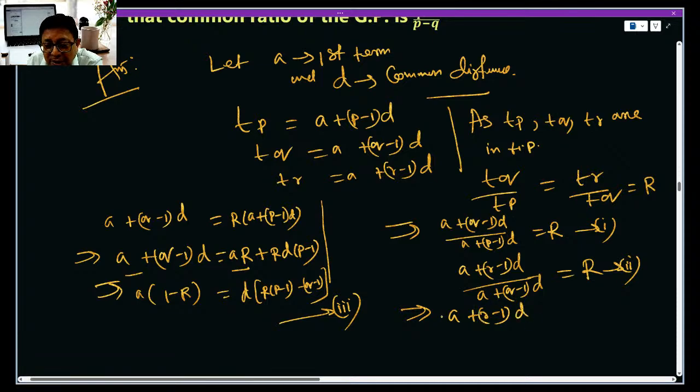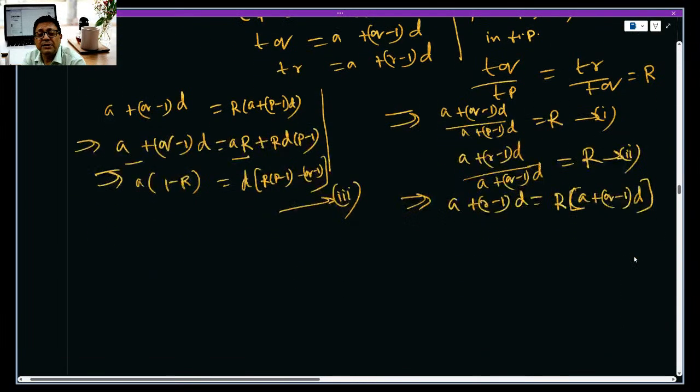A into R minus 1 D equals R into A plus... hope you are doing it with me. Otherwise, it will be done by me only. You agree or not? You have to do it with me. Since the board is clearly visible, it is your duty to finish before I do it here.